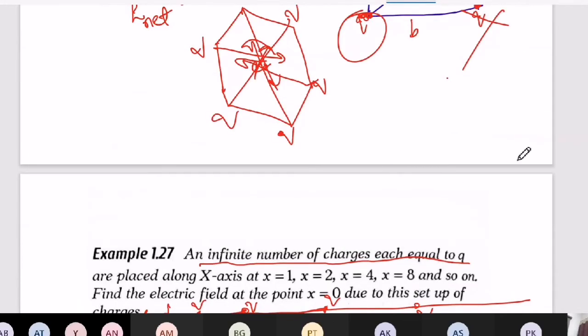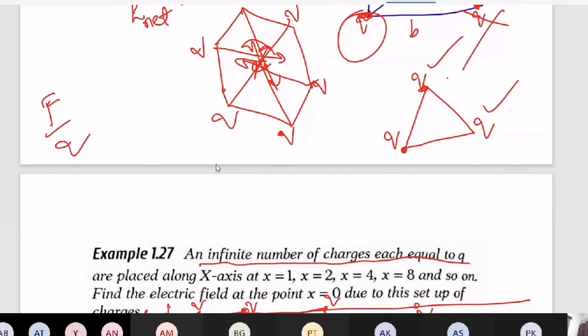Because see here, I'll tell you one simple example. Suppose you consider an equilateral triangle with charges Q, Q, Q. Here the resultant force means the force due to this one and due to this one. If you find the resultant force on this one, you divide that force by whatever charge is there. That will become the resultant field at this point, again due to these two charges only.